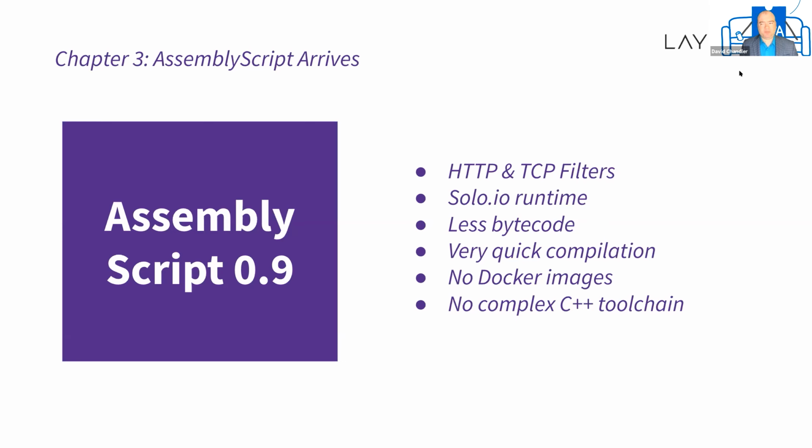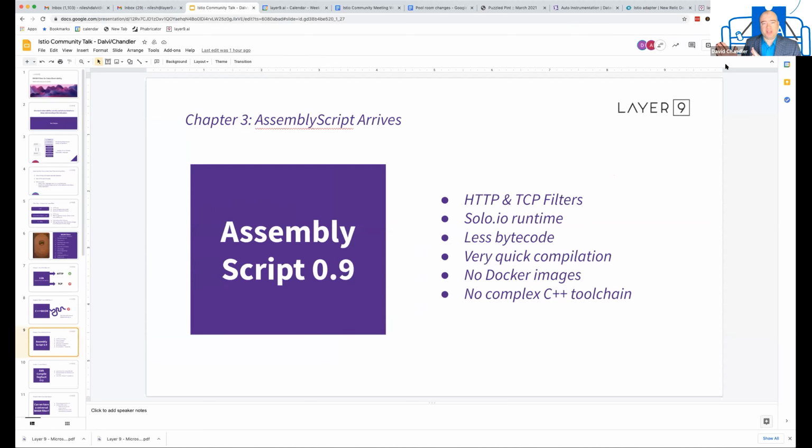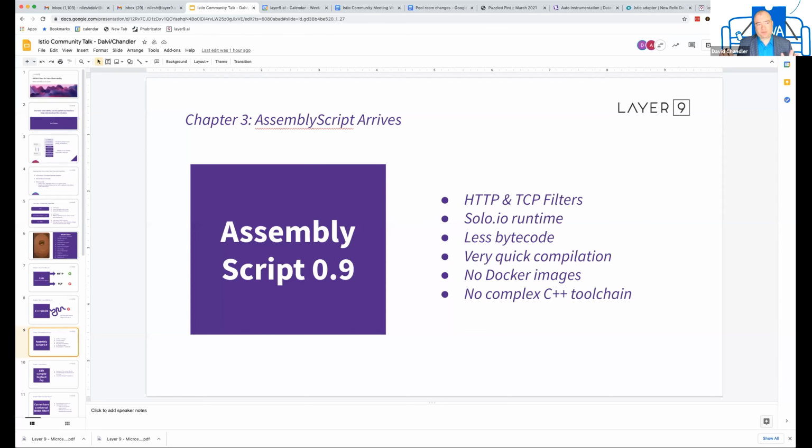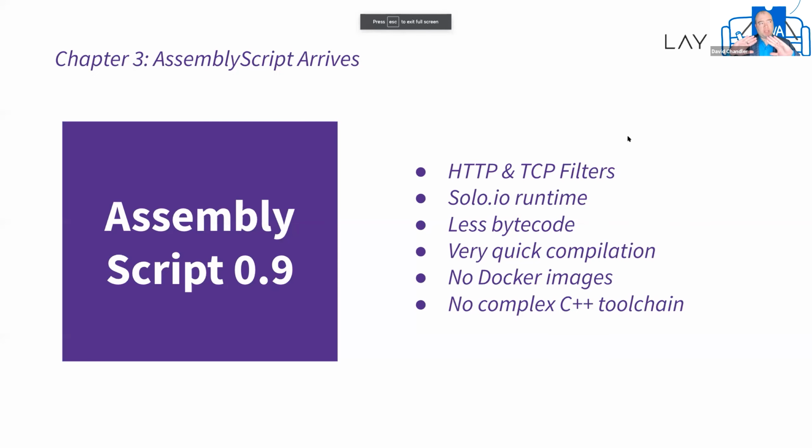So with AssemblyScript 0.9, you had some very ugly TypeScript because it just didn't support a lot of TypeScript language features. But that's fine because we have this nice proxy runtime written by solo.io that would hide a lot of that from us. If you changed your version of the proxy runtime, you were going to change your version of AssemblyScript. They were married.